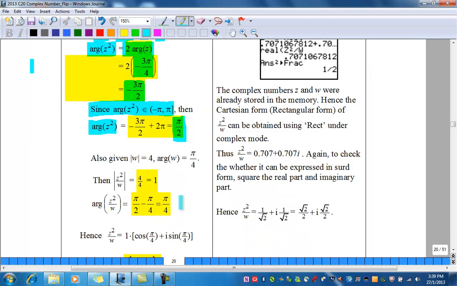We are also given modulus of w equals 4, and argument of w is pi over 4. Therefore, the modulus of z squared over w will be 4 over 4, which is equal to 1. Argument of z squared over w will be pi over 2 minus pi over 4, which is equal to pi over 4.